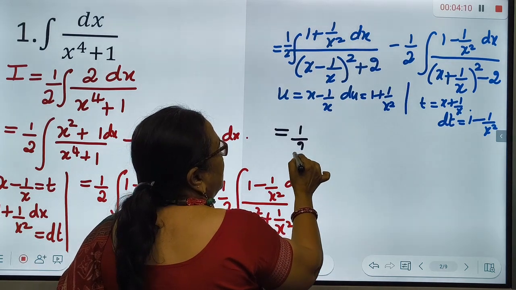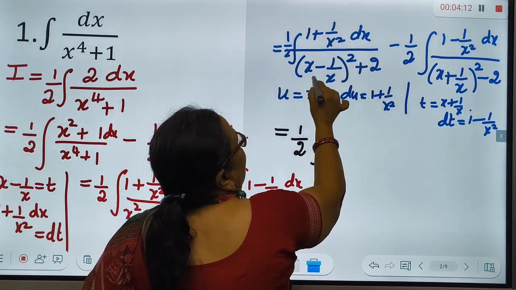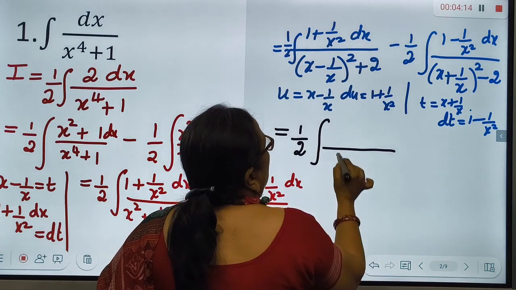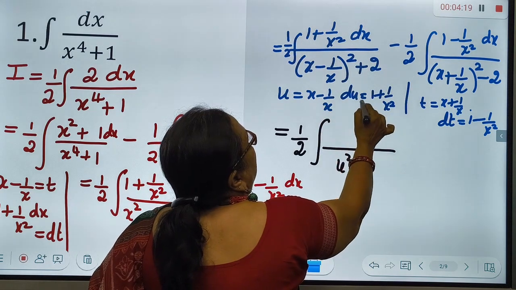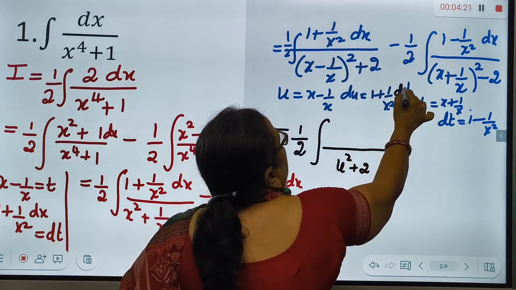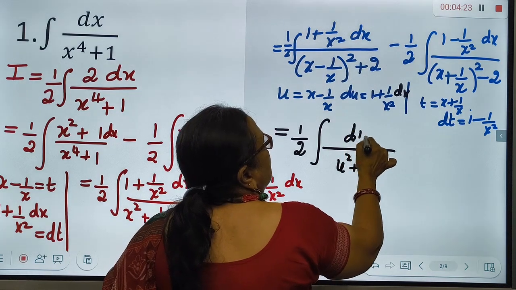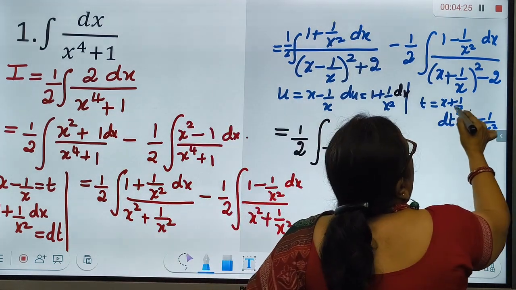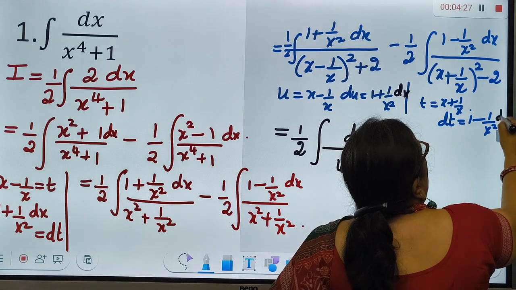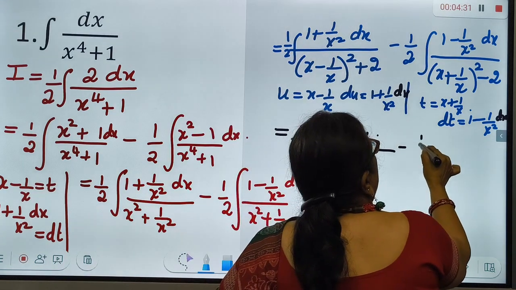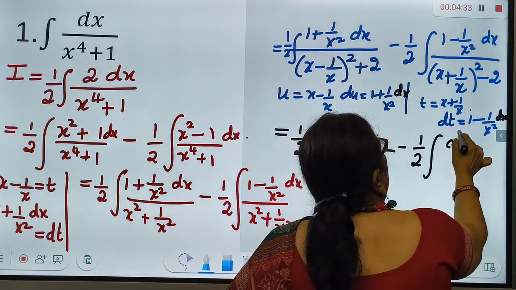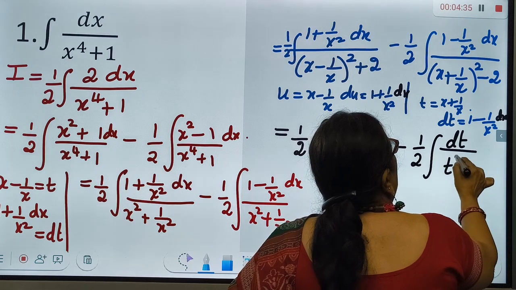This is half into, if I take this denominator as u, then I'll get u square plus 2. Du is 1 plus 1 by x square dx, so this is du. If t is x plus 1 by x, dt will be 1 minus 1 by x square dx. So minus half into dt by t square minus 2.